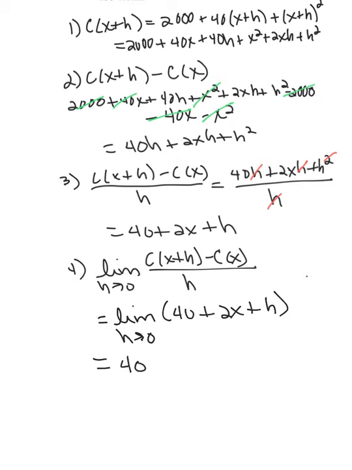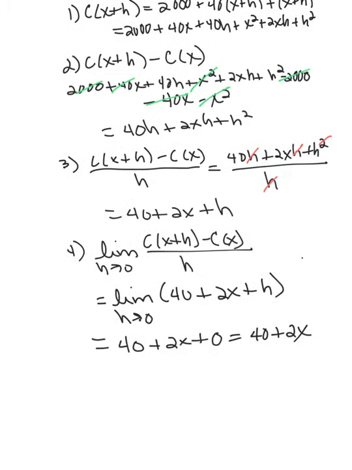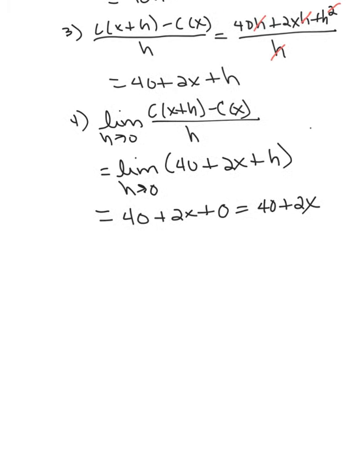Remember, once you're subbing in, you stop writing limit. You're going to have 40 plus 2x plus 0, which gives you 40 plus 2x. Once you are done with step 4, that is now your derivative. This function's name was c, so this will be c prime of x, is the function 40 plus 2x.